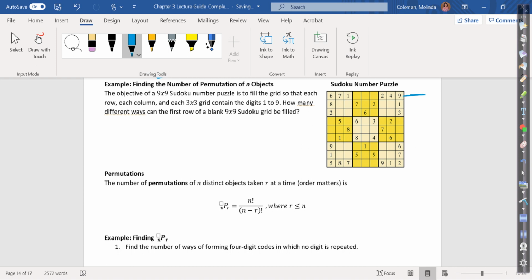And so if you think back on this, this is sort of like we did when we talked about slot problems. The difference with slot problems is not always do we decrease in order. But in this case, this would be like 9 times 8 times 7 times 6 times 5 times 4 times 3 times 2 times 1, because there are 9 slots, and each number cannot be repeated.